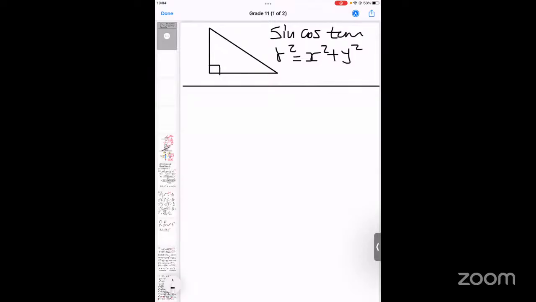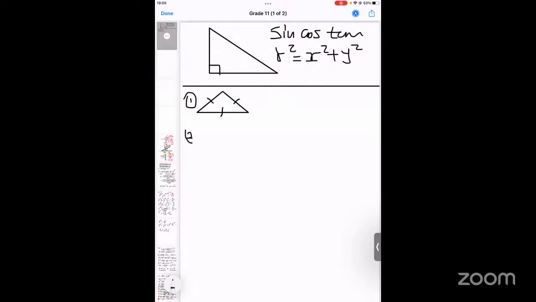Now, in a situation where you are not dealing with a right-angled triangle, you will use different formulas. So remember, triangle number one is one where all these sides are equal. It has a certain name.